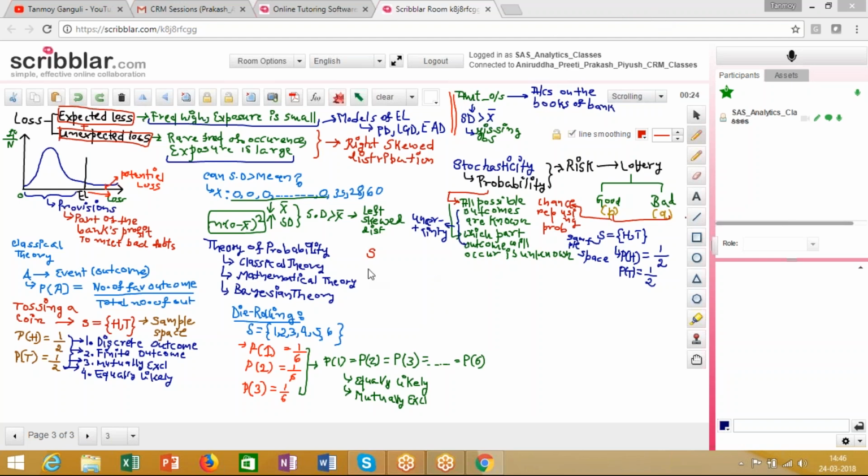Let's say I have a sample space where this is A, B, C. Now there are multiple outcomes.